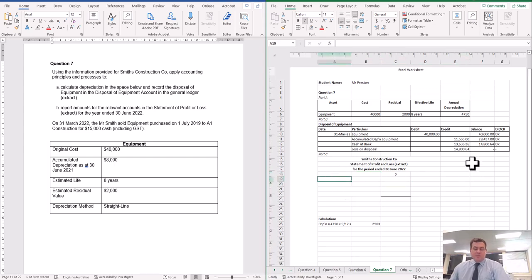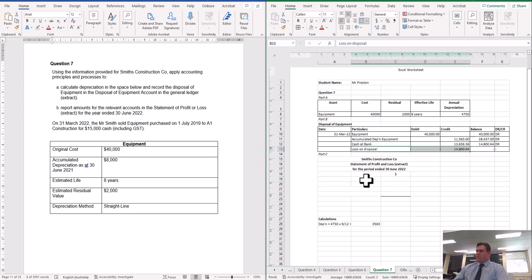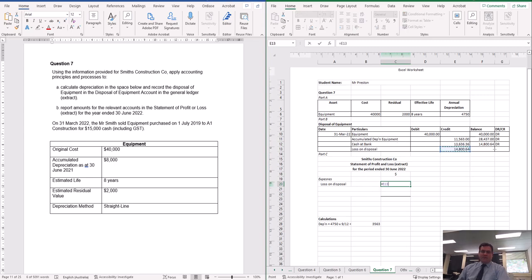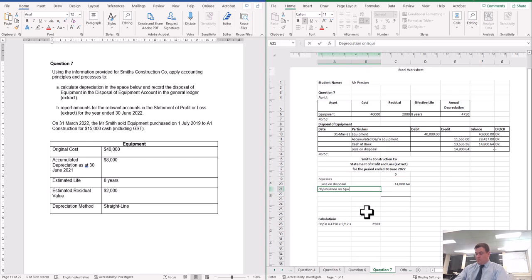So then we've got to do my statement of profit and loss. I've got a loss on disposal, and I've got the depreciation for the current year. So I need to record those two. So they're both expenses. Put in my expenses heading, put in the loss on disposal, and that will be the $14,864, and put in the depreciation, which is 3,563.